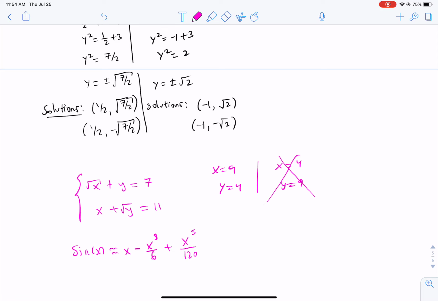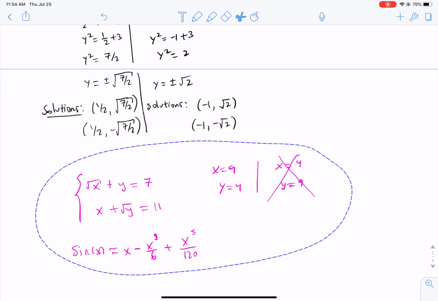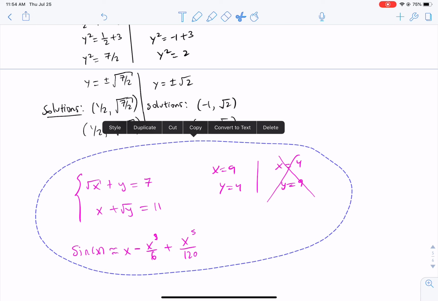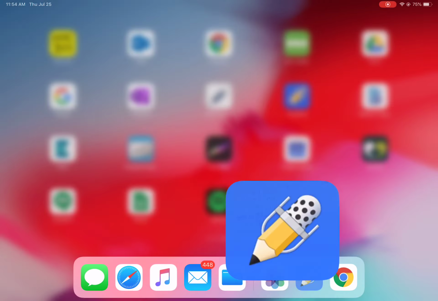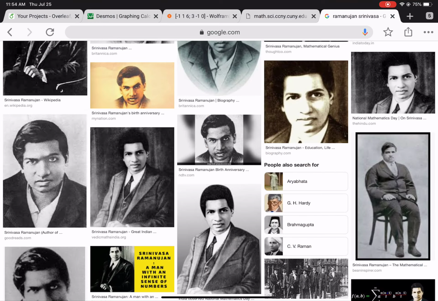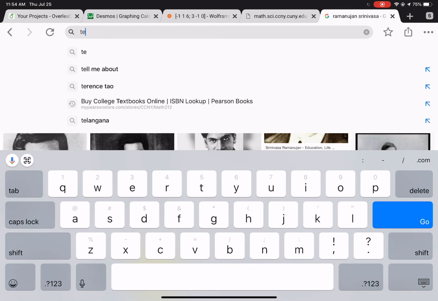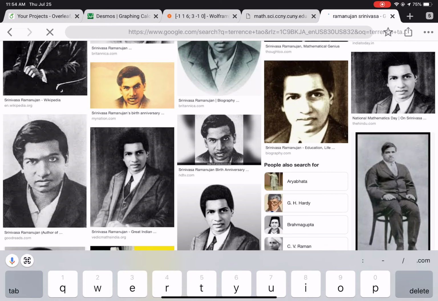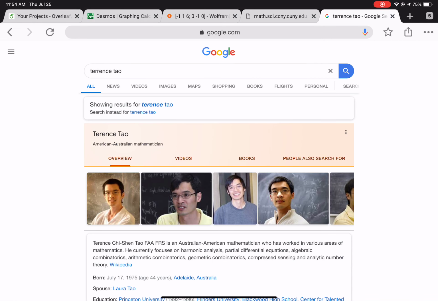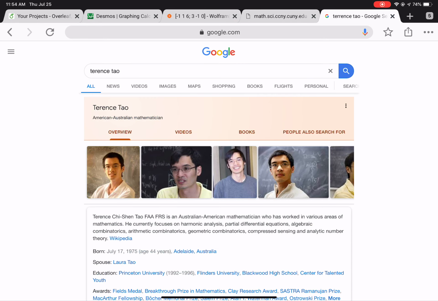Are there any mathematicians in this century who have their ideas in textbooks? Yes, there's a professor at UCLA, Terence Tao. He's very young, and he's brilliant.